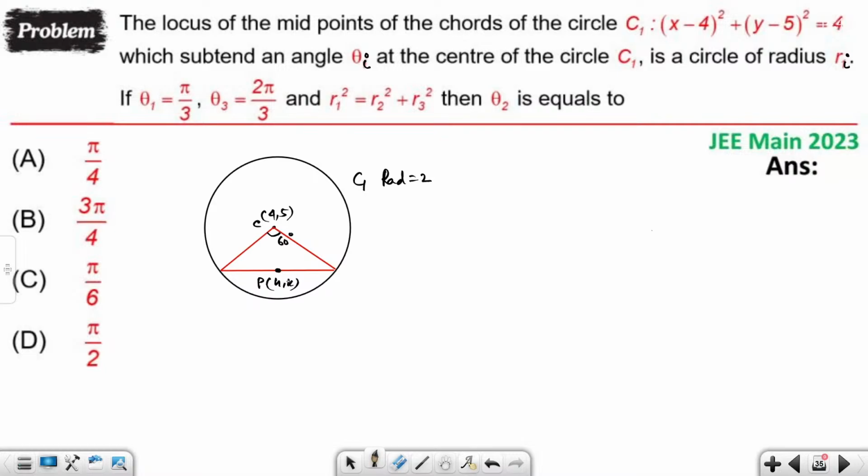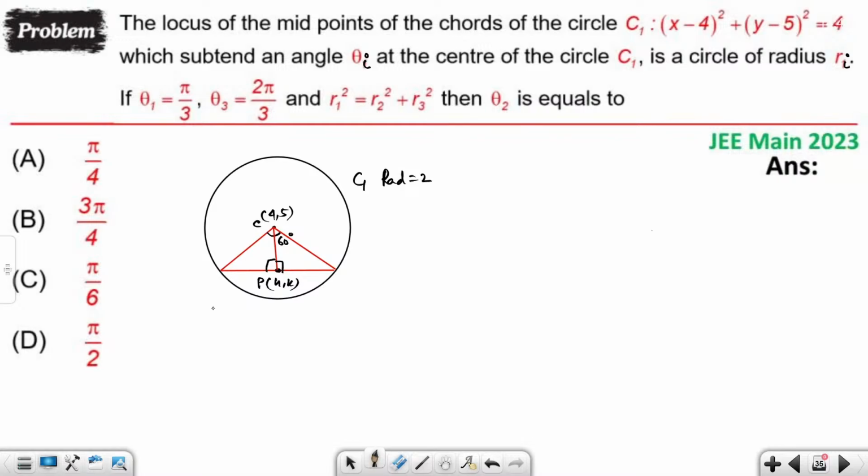The criterion is the midpoint, we have to find out the locus of that point, but at the same time that chord is subtending an angle 60 degree at the center. What will be the locus of all such chords? That's the question. So for that, what I am doing, I am drawing a perpendicular. It will be a perpendicular.